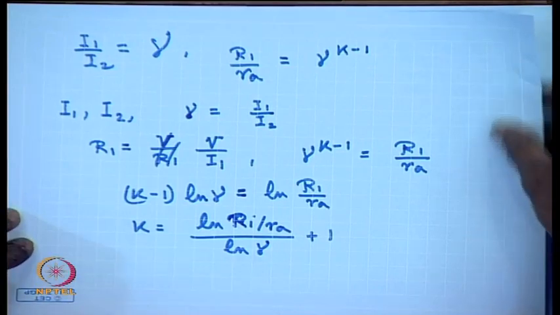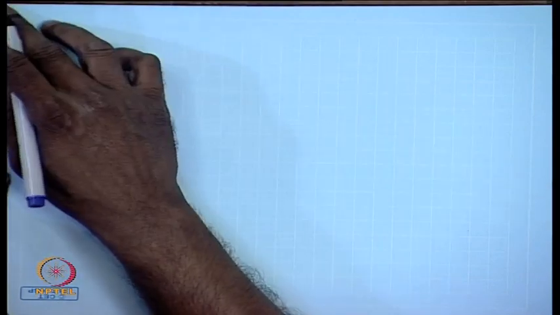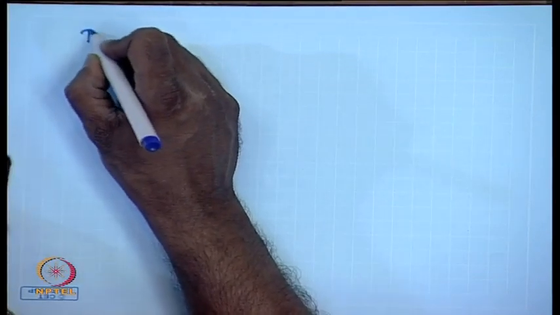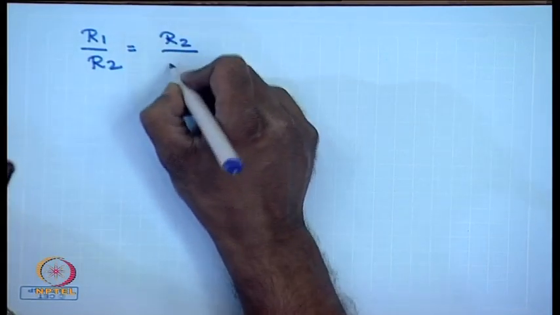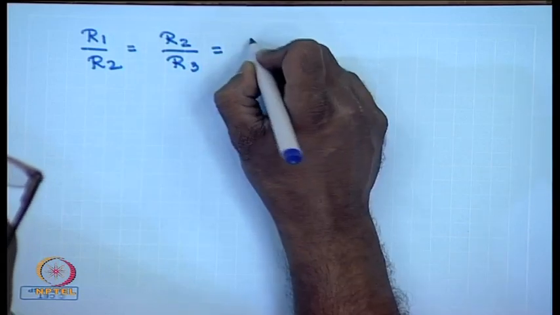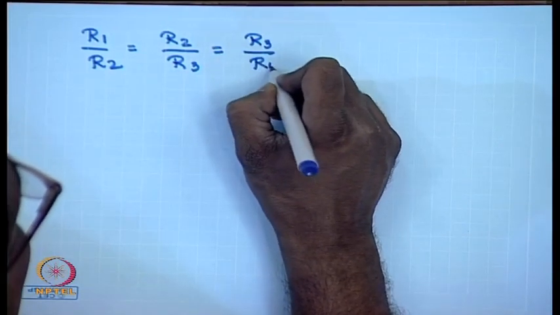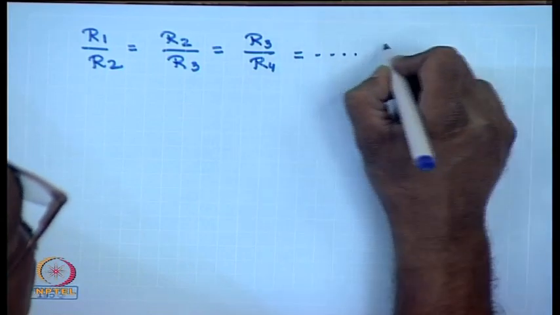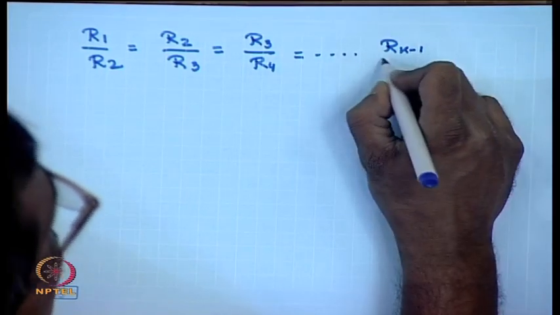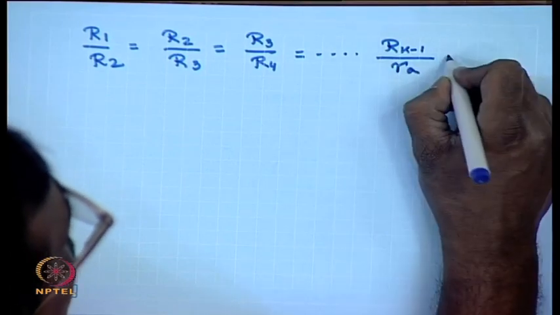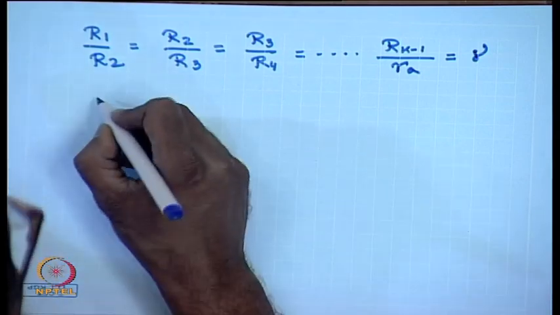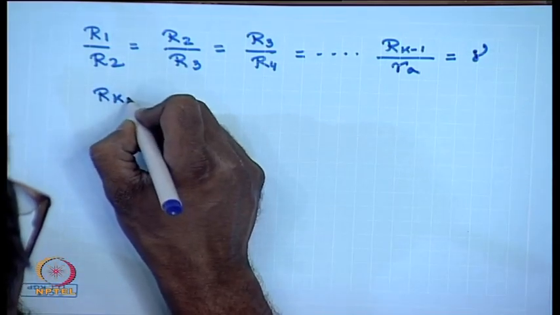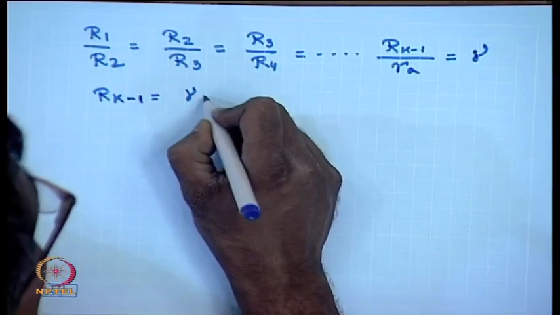Once the number of sections has been chosen, then of course, we can always find out the resistances from the relationship R1 by R2 equal to R2 by R3 equal to R3 by R4 equal to, this way, R_{k-1} by R_k, which is nothing but Ra, equal to gamma. So, R_{k-1} equal to gamma Ra.